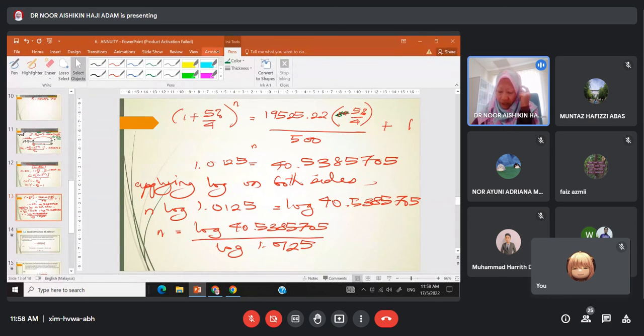It should be 1.4881305. Betul? 1.4881305. Ni pun salah. Cuba check lah, betul tak?